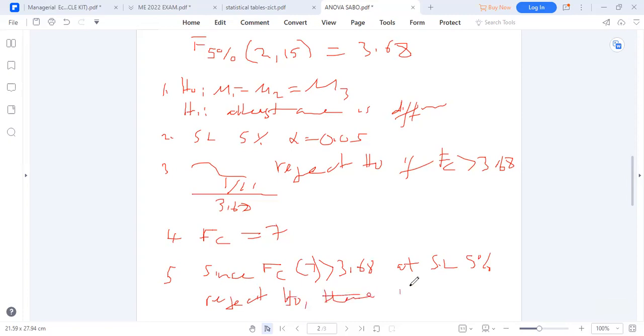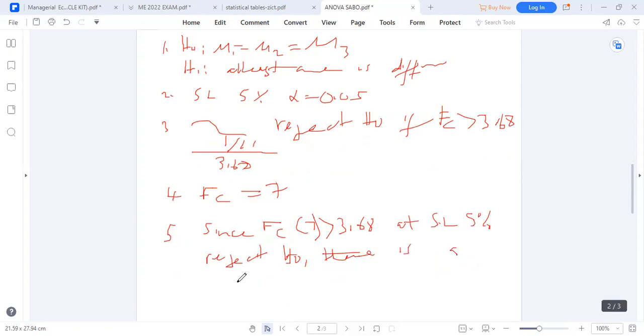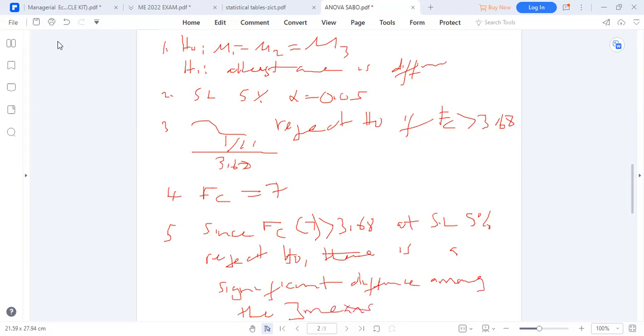There is a significant difference among the 3 means. So I have answered it completely and conclusively.